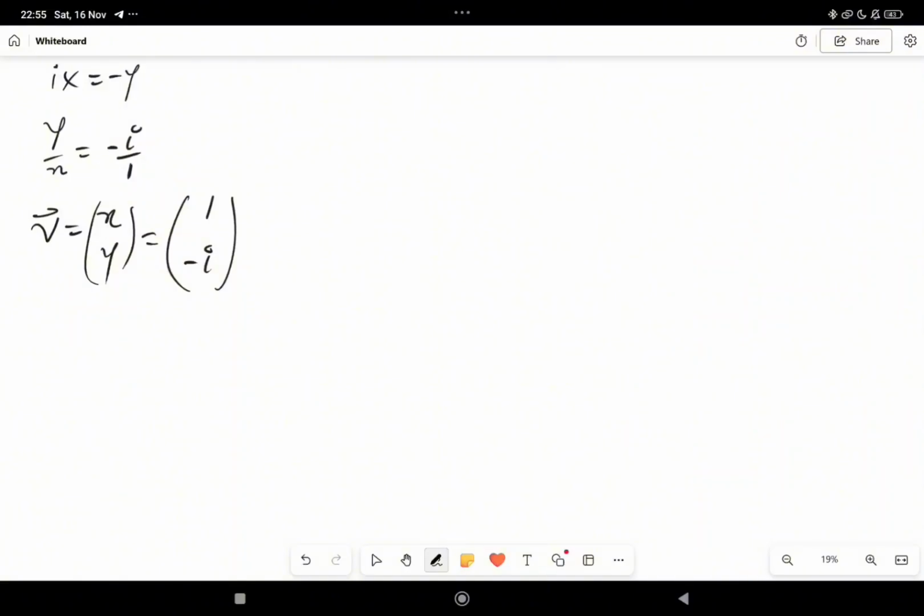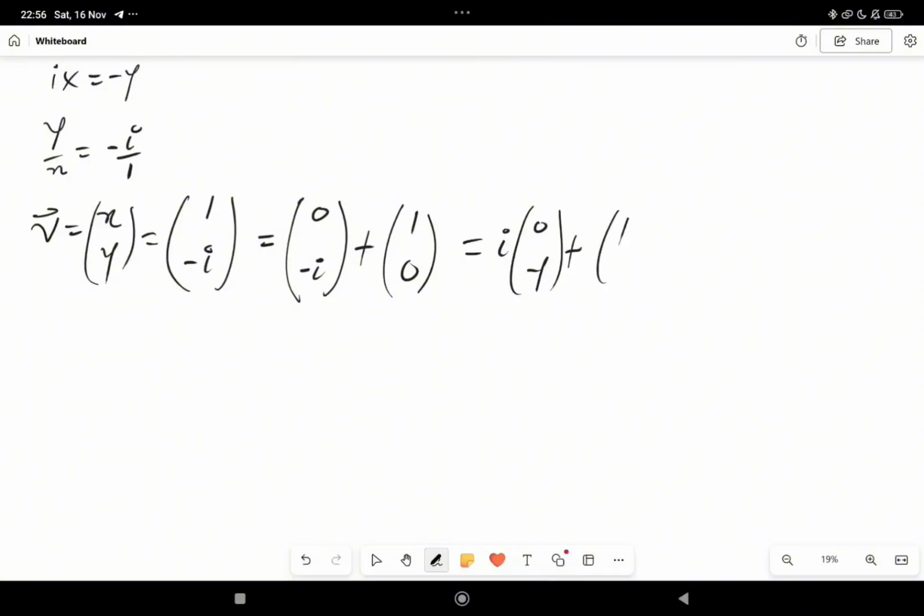Now we can't mix our real and imaginary numbers together. We have to separate them. Doing so would give us two eigenvectors simultaneously. So this will be equal to 0, minus 1 for the imaginary part, plus 1, 0, which is finally written as i times [0, -1] plus [1, 0]. Now remember, we are only taking these values without the i.